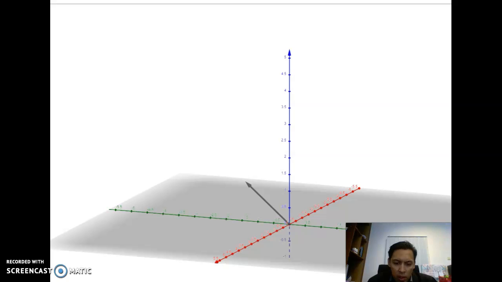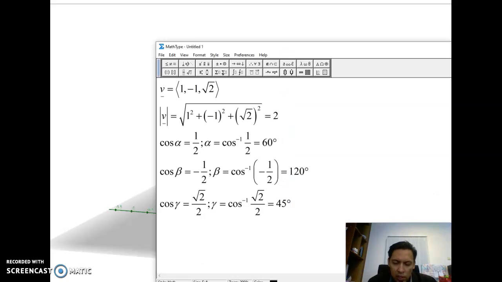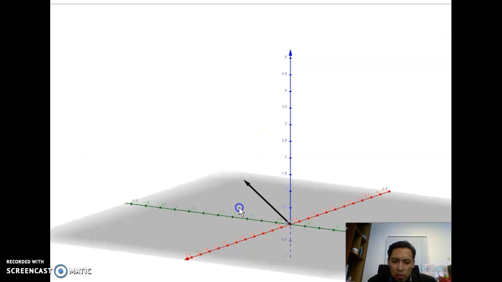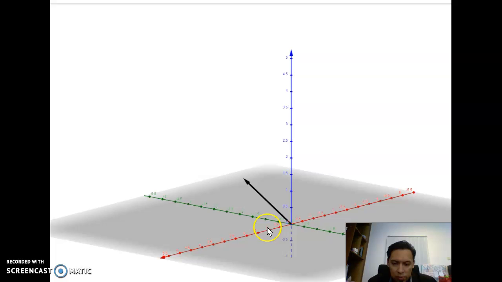And when we are calculating our degree just now, for alpha, which is the degree of the vector from x, 60 degree. Okay, so our x is in the red color here, right? 1.